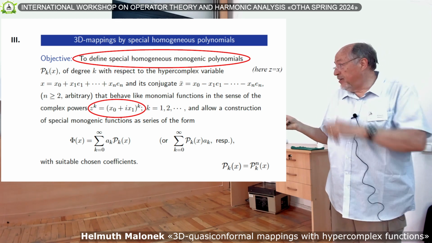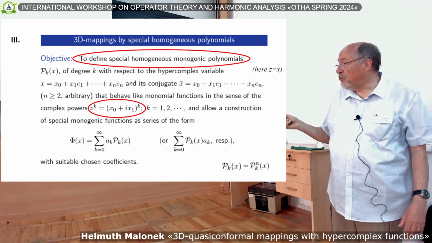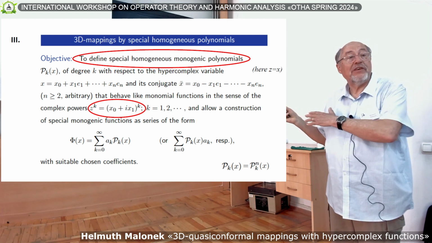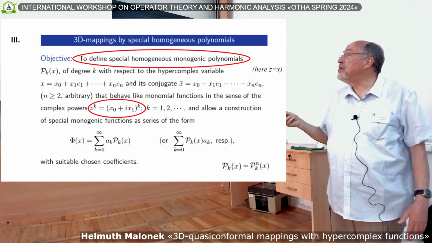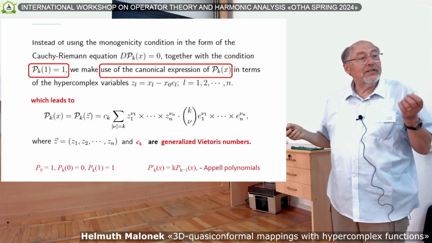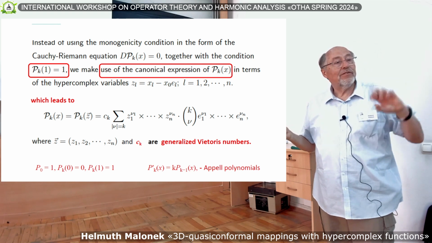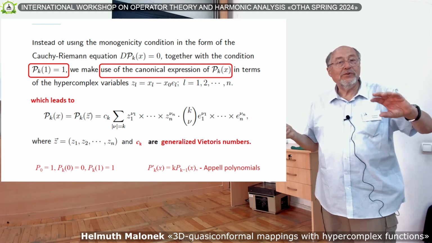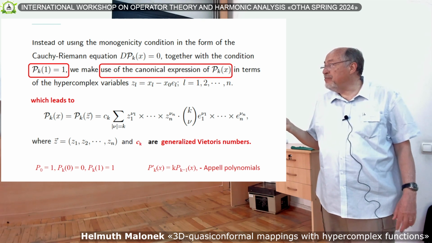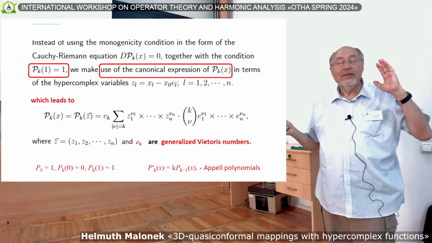And not to forget that you could have this also for the dimension n+1. We write also n, but here in this case we have only n equal to 2 written, and formally you see. And the additional condition we need for defining these polynomials is that you have an initial value.